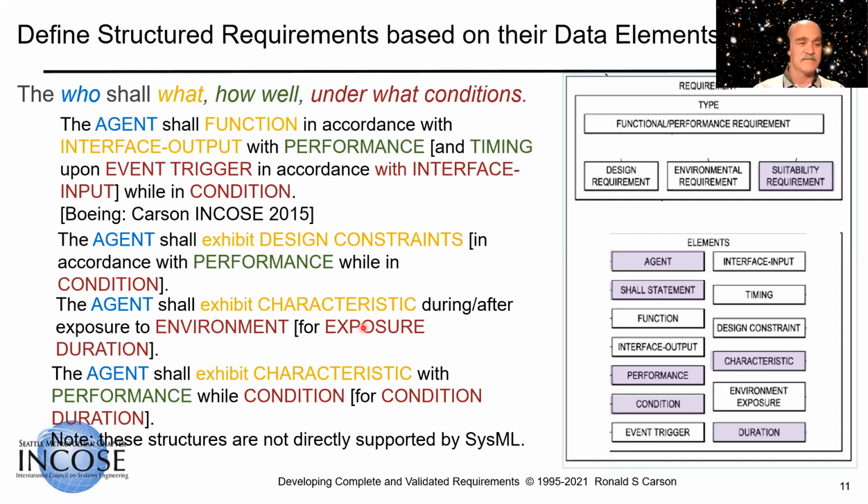But the idea is you write something that is a technical contract where you can determine whether it was satisfied or not. And I was hoping that SysML version 2 was going to include something about structured requirements, but as far as I understand, it does not. So a requirement in SysML is still a single sentence without a defined structure.